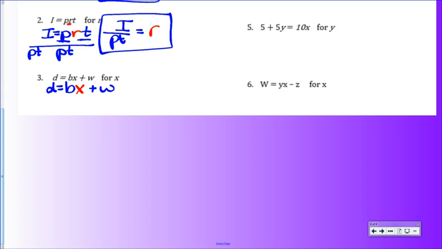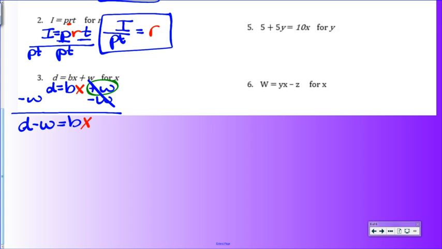So we're multiplying X by B and then adding W. So before we can divide to get X by itself, the first thing we have to move is this W. Because we're adding W, we're going to do the opposite, which is subtract W from both sides. That's going to cancel. So we have D, and we're subtracting W. These are not like terms, so you can't combine them in any way. So we're just going to write D minus W equals B times X.